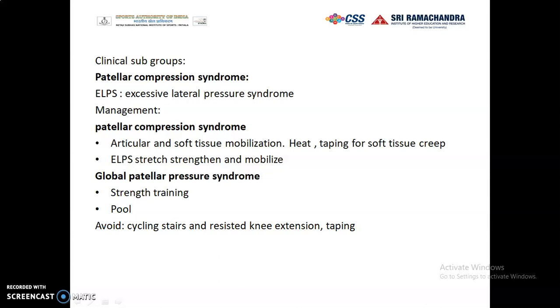It might be treated conservatively with soft tissue mobilizations, or keeping a heat pad, or taping can be done for a soft tissue creep. Same for the patellar compression syndrome.